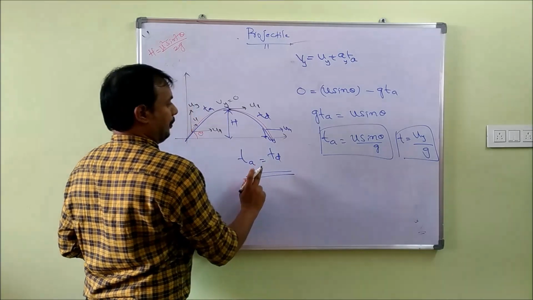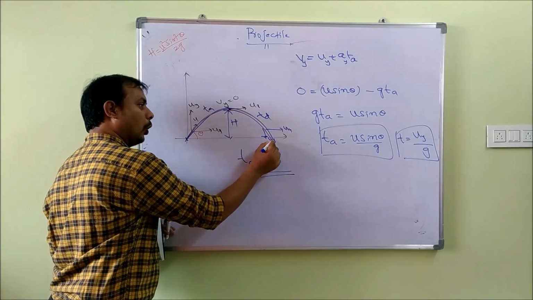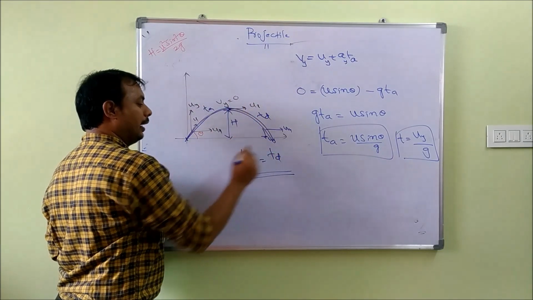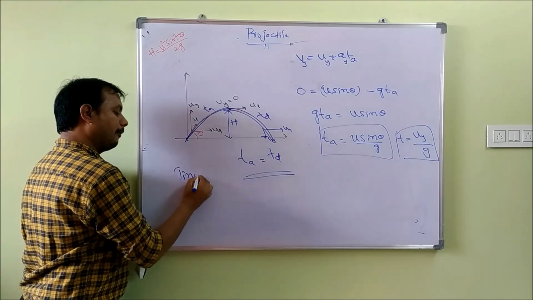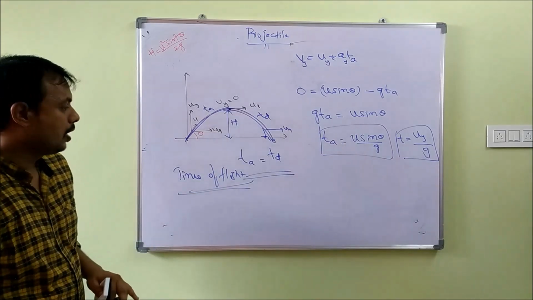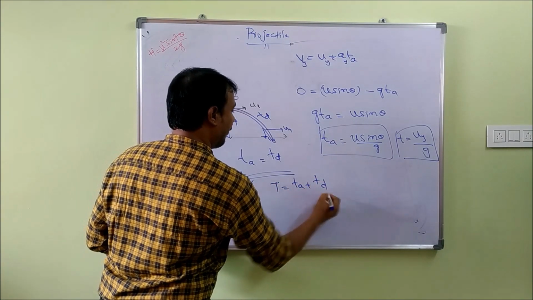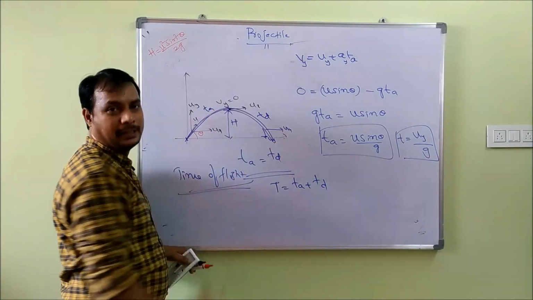So the total time means ground to maximum height and maximum height to ground. This total time of travel is called time of flight. Time of flight means the total time remaining in the air, nothing but the sum of time of ascent and time of descent.